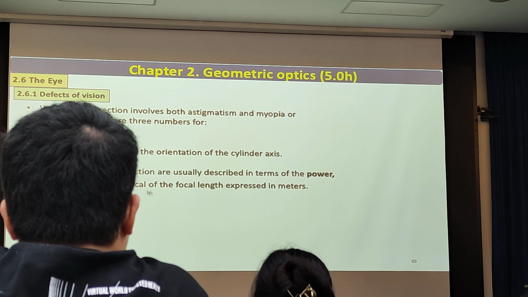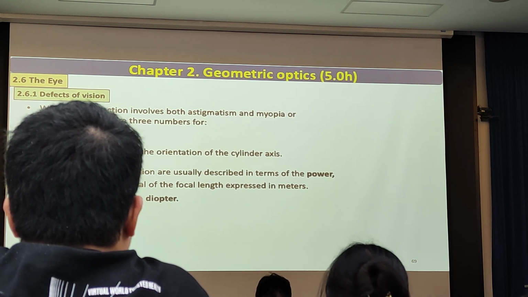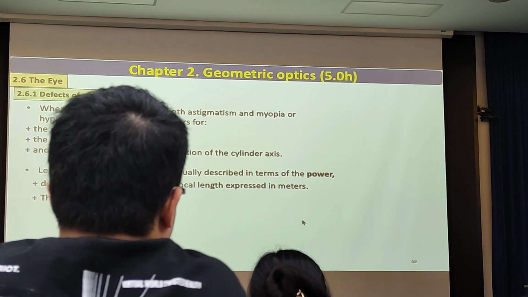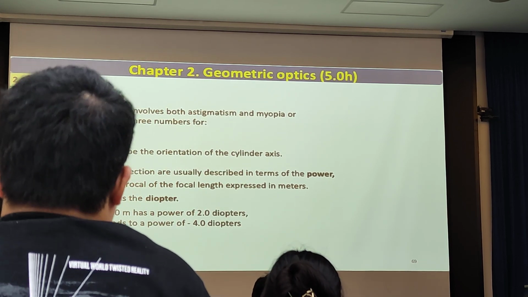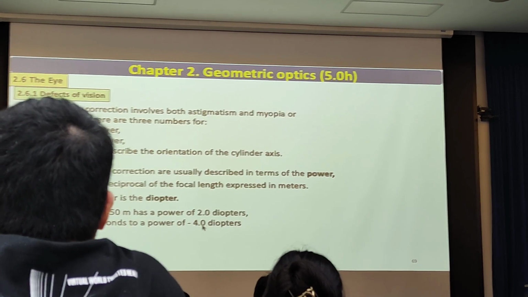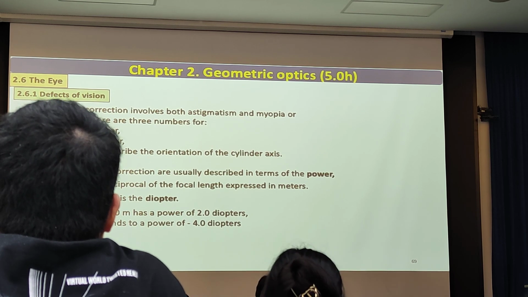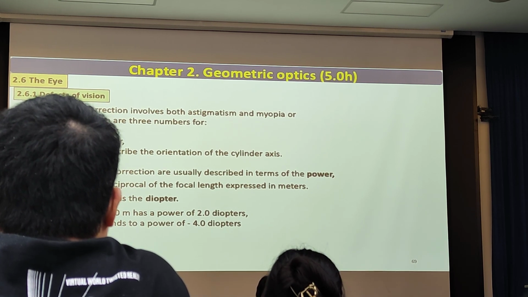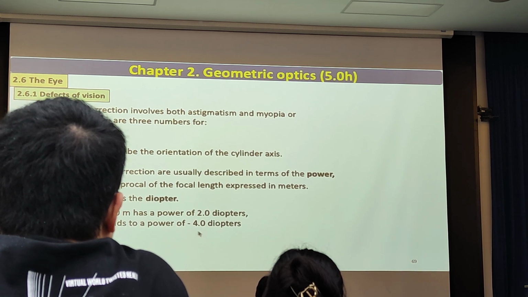So define the reciprocal of focal length expressed in meters. And the unit of power is the diopter. Yes, is what we know. For example, if you have a lens with a focal length of 0.5 meter, the power is 2 diopters. If the focal length is minus 0.25 meter, you will have the power here minus 4 diopters.